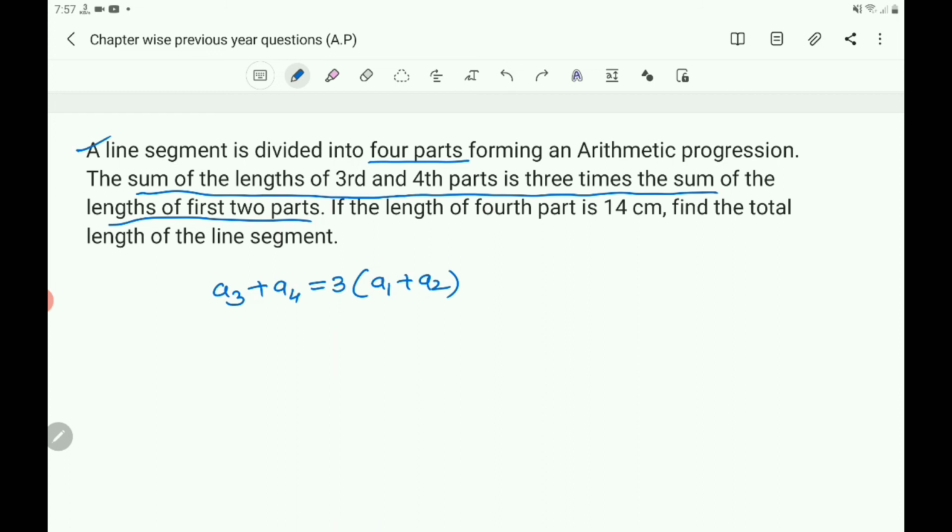Now let us obtain one relation. A3 you know, that is A plus 2D.